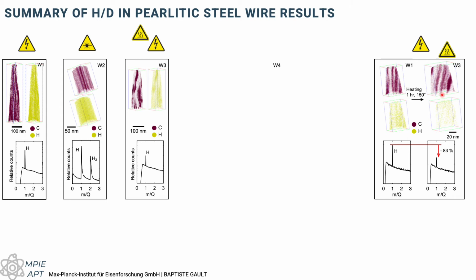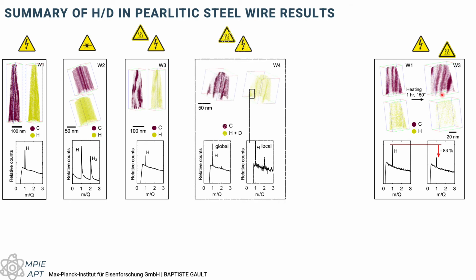So when we want to load with deuterium afterwards, it can cause problems, because most of the sites where the hydrogen could go inside of the structure might already be occupied by hydrogen.